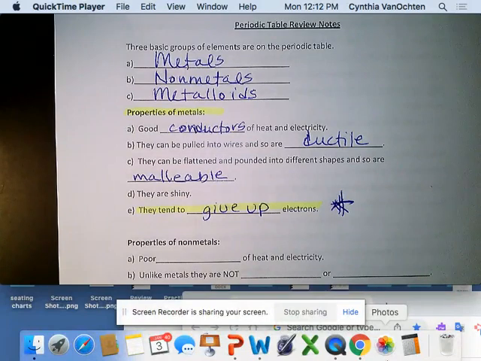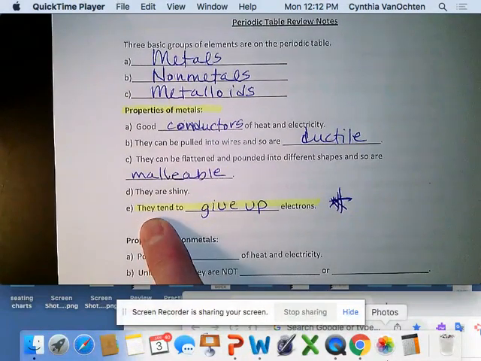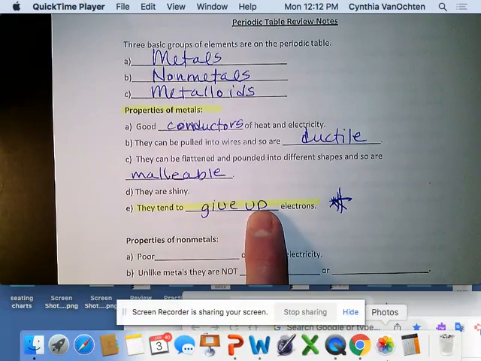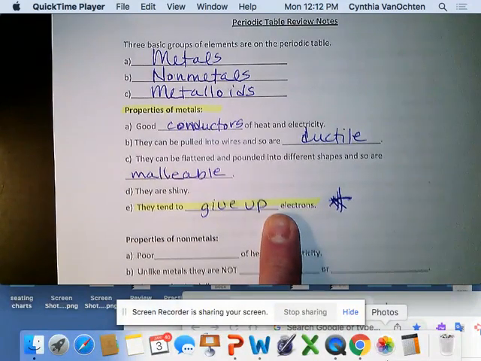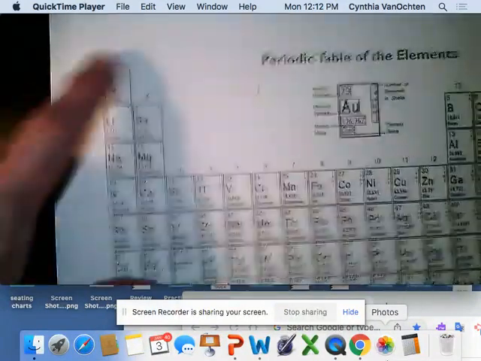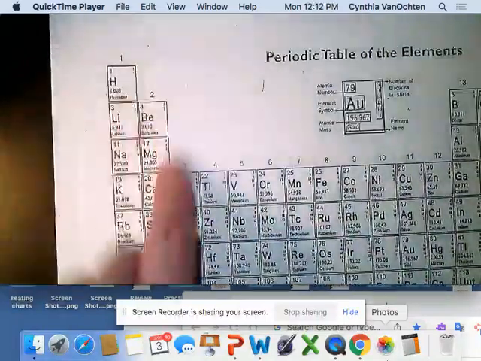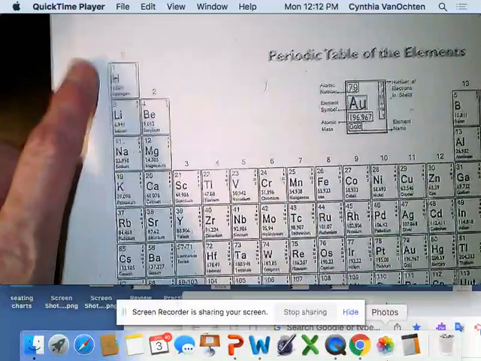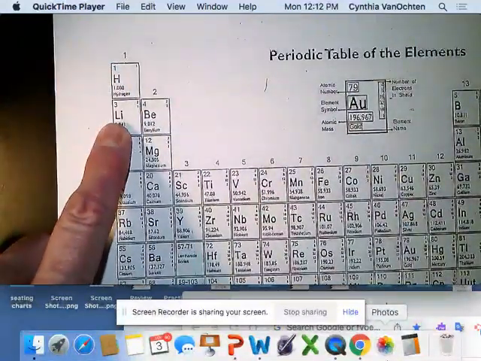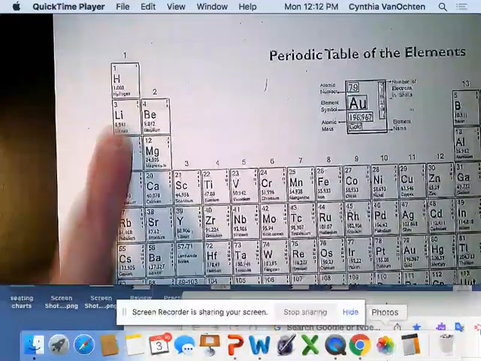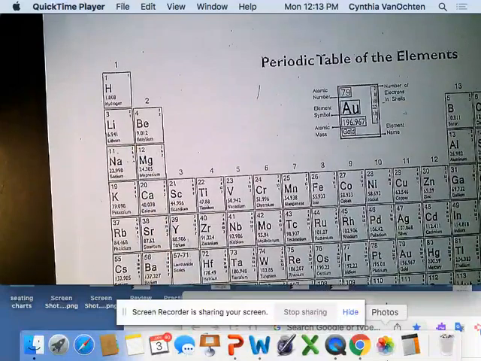So, for example, we can really drive home the point by looking at an example. If we look at the first 2 columns of elements, these are our alkali metals and our alkaline earth metals. Everybody in column 1 has 1 electron in their outer ring, 1 valence shell electron.